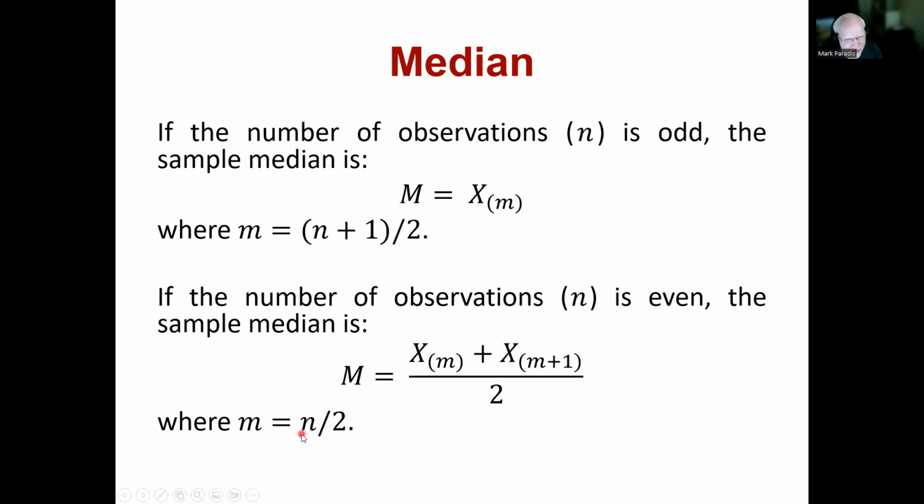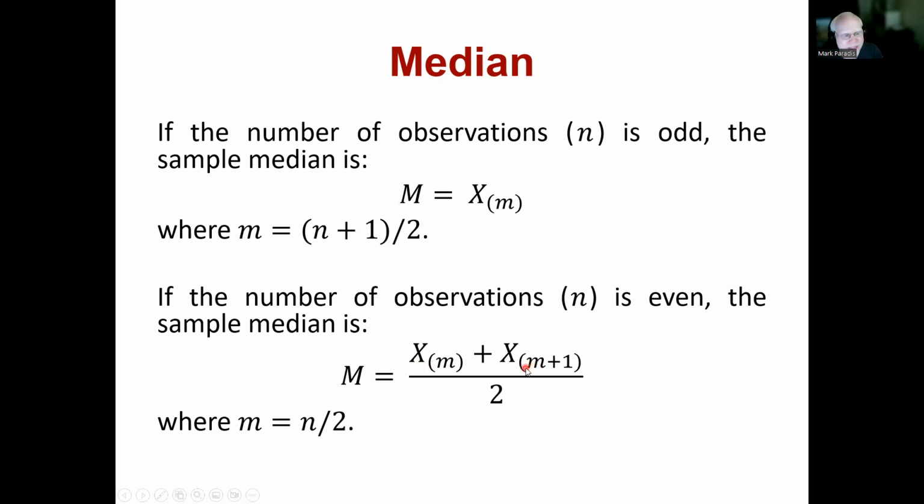So say we've got 10 observations. 10 divided by 2 is 5. So m is equal to 5. And then the median is equal to the 5th observation plus the 6th observation divided by 2. So we find the average of the 5th and the 6th observation.